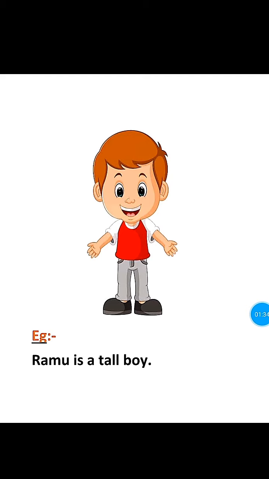Here we are saying about only Ramu, just about his quality, that is tall. We are not comparing Ramu to anyone. So in this sentence we use the adjective tall. This is the first form, that is positive degree of the adjective.